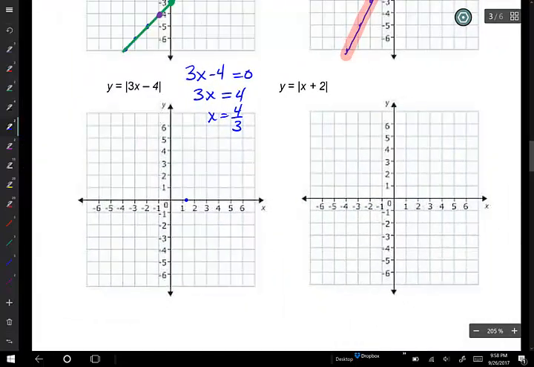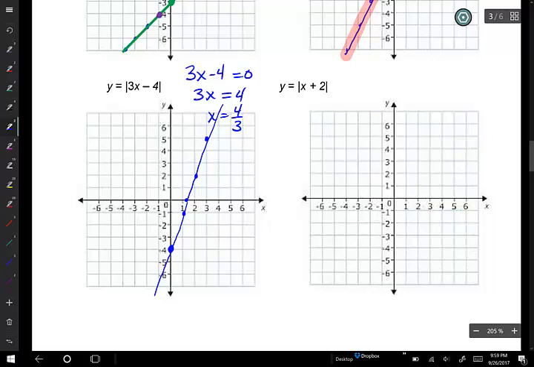Let's take 3x minus 4 and we're going to graph that point. So 3x minus 4, start down there at negative 4, go up 3/1, up 3/1, up 3/1, etc. And I'm going to graph my line just like so.